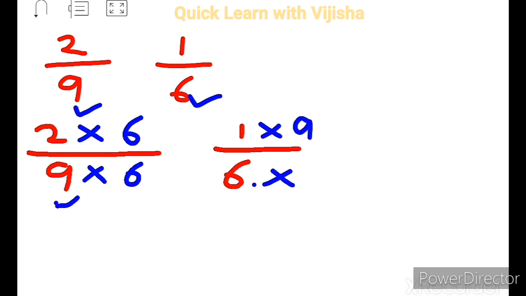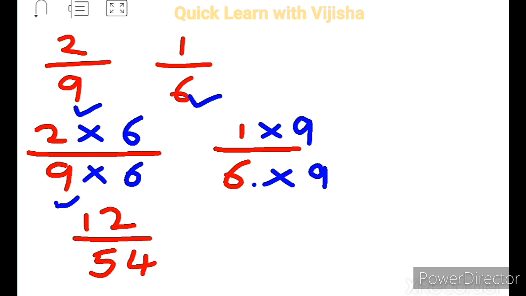Understanding, children? 9 and 9. So what value are you getting? 2 sixes become 12 and 9 sixes become 54. Same way 1 nine becomes 9 and 9 sixes become 54. So you have got 54 and 54. The denominators are the same, so these are your like fractions. Hope you are understanding, students.